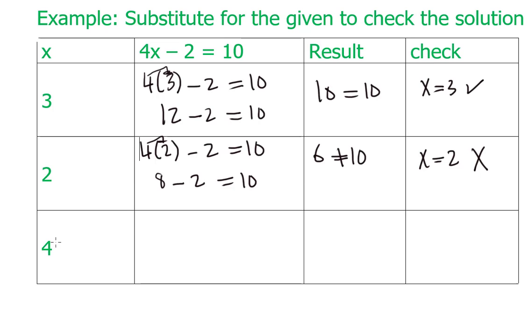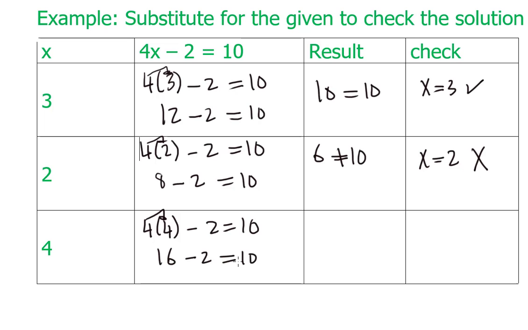So now let's check when x equals 4. 4 times 4 minus 2 equals 10. So 4 times 4 is 16, minus 2 equals 10.